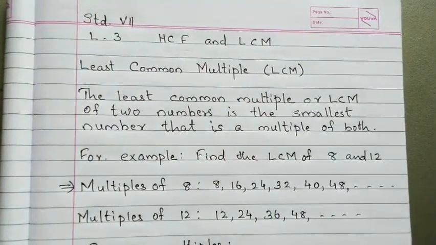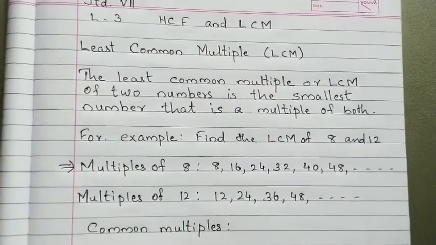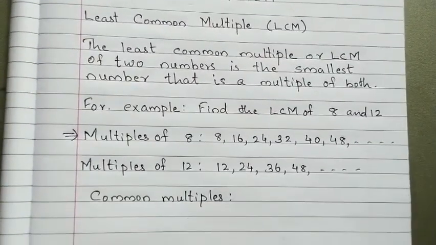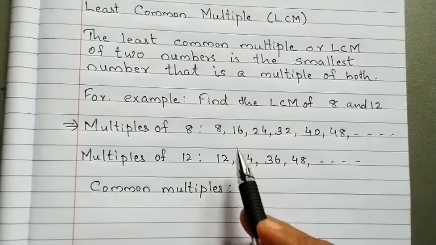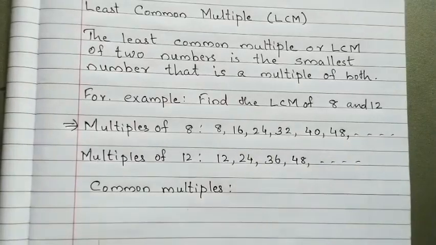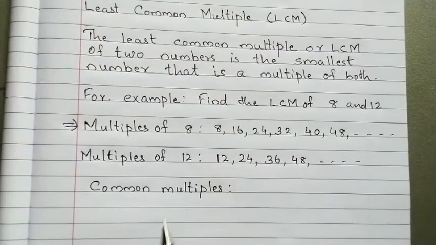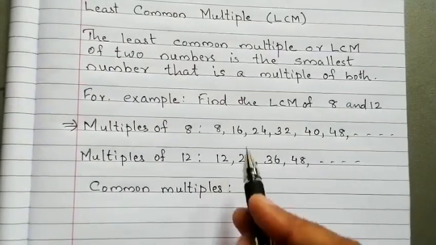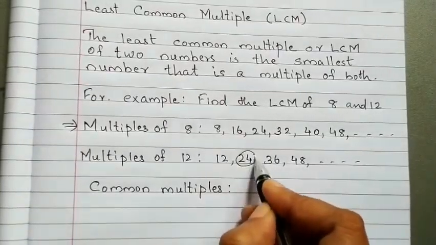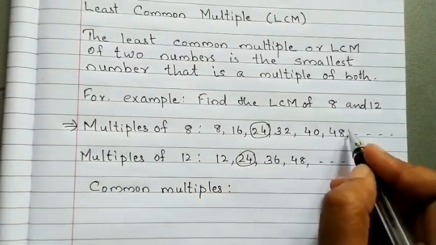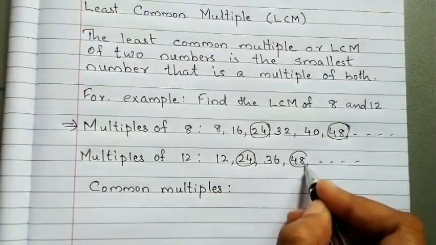For that, first you write the multiples of 8. You know the table of 8, so you know how to write the multiples of 8. These are the multiples of 8. Now you write the multiples of 12. These are the multiples of 12. Now take out the common multiples. Here if you see, 24 is common to both and 48 is also common to both.